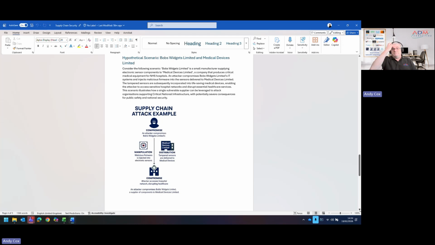So in Bob's Widgets Limited, this doesn't have to be a sophisticated attack with lots of very clever dark web scans and all this sort of stuff that we see on the television with hackers typing away ten to the dozen. It could literally be down to the fact that they identify through social engineering, or they look at LinkedIn and see that Bob's Widgets supplies Medical Devices Limited.